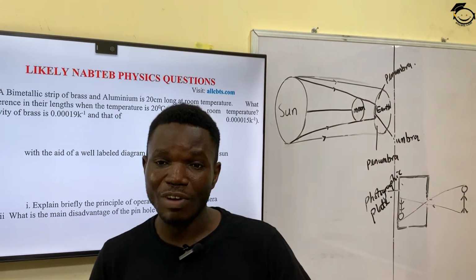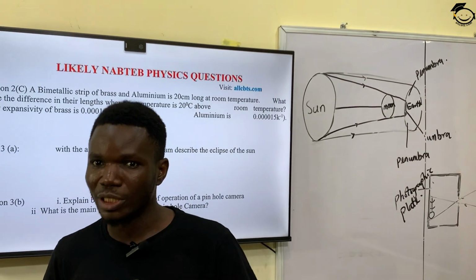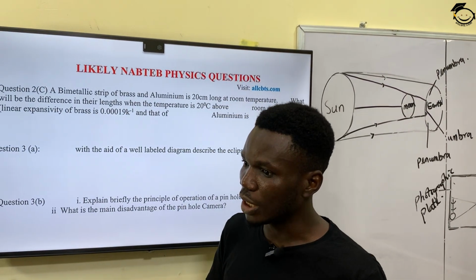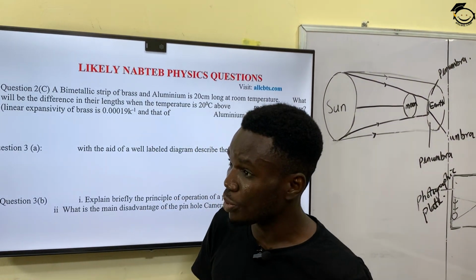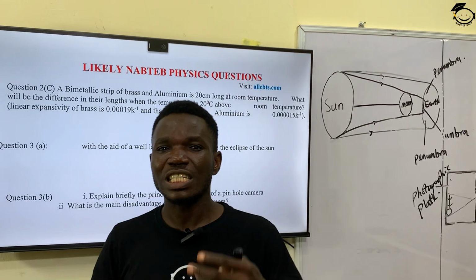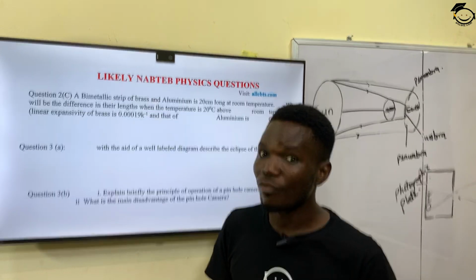One of the main disadvantages of the pinhole camera is that it inverts the object. It laterally inverts the object. Another disadvantage of the pinhole camera is that it takes time for the pinhole camera to form the image on the photographic plate.